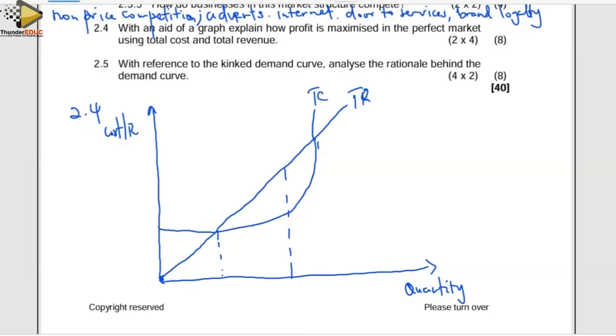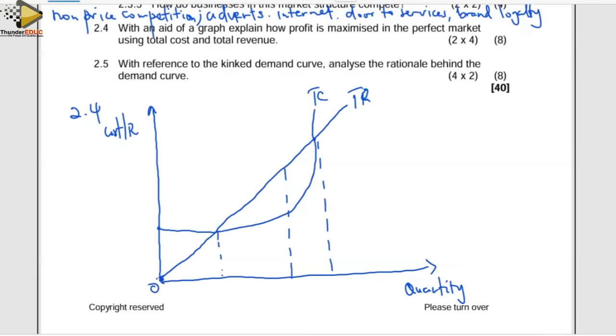For those 3 points, what is going to happen there? Our total revenue is positively sloped and starts at the origin, because if there's no production, there's no revenue, and our total cost will start slightly up because we will still have to pay costs even at zero production.